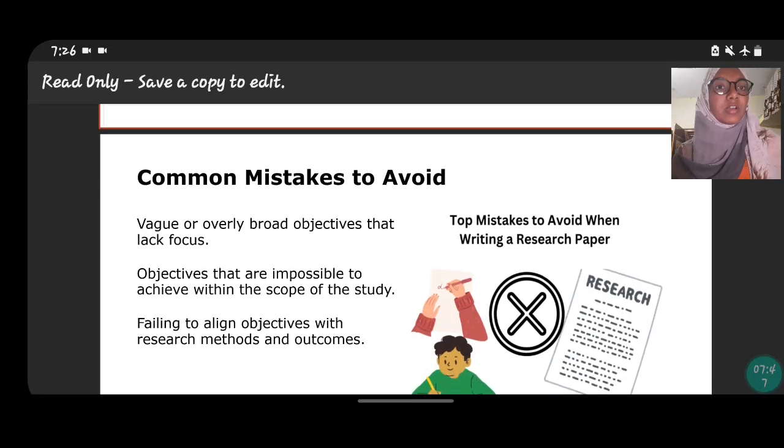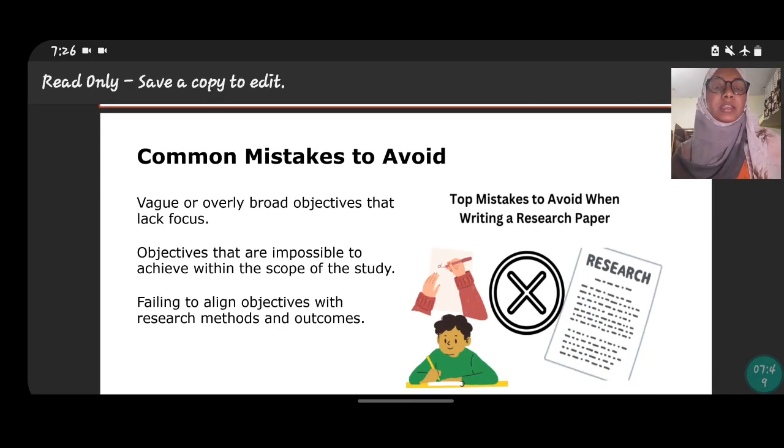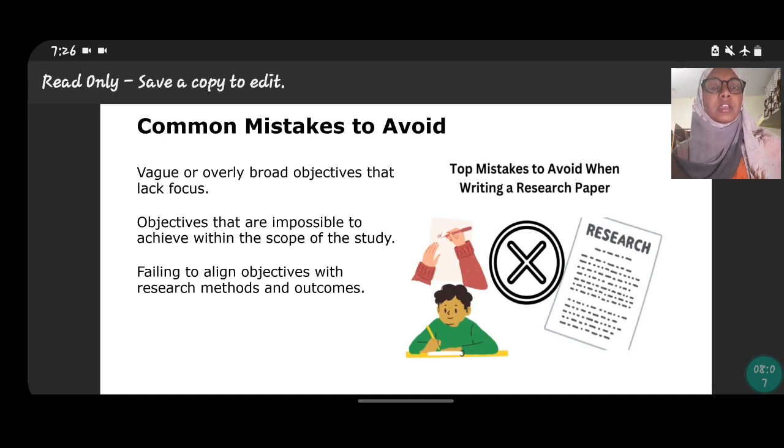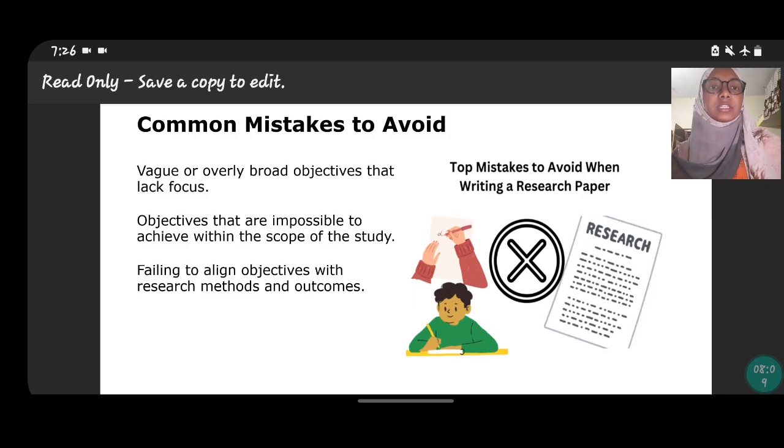So, what are the common mistakes we make which we have to avoid while writing a technical paper? Vague language or overly broad objectives that lack focus. We should not use words like should, may, might be, like that. We should not use objectives that are impossible to achieve within the scope of the study. So we have to write what is what.